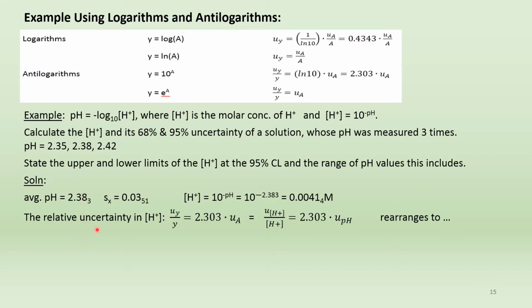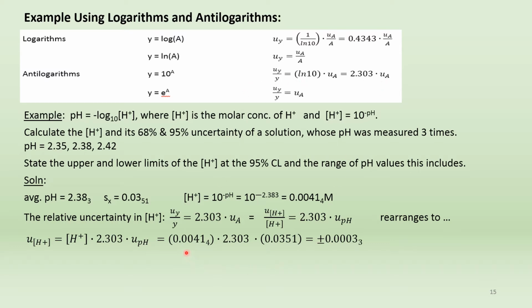Now, the relative uncertainty of the hydrogen ion concentration, that's the number y, is equal to 2.303 times the absolute uncertainty of this exponent, which is the pH. So let's rearrange this a little bit. I'm going to take this hydrogen ion concentration and bring it over here. The absolute standard uncertainty of the hydrogen ion concentration will be equal to the hydrogen ion concentration times 2.303 times the absolute uncertainty of the pH, as per this equation.